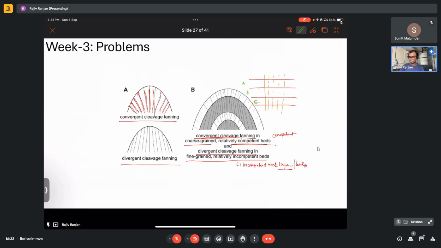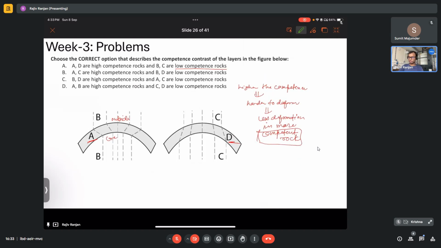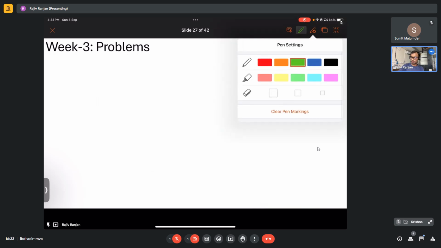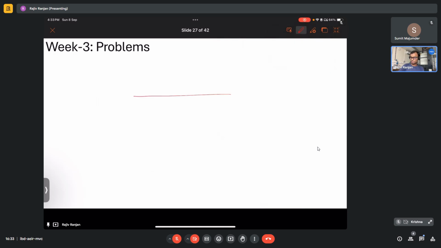Okay, let me make it for you. Sorry for that. Now imagine that these are the axial planar cleavage.